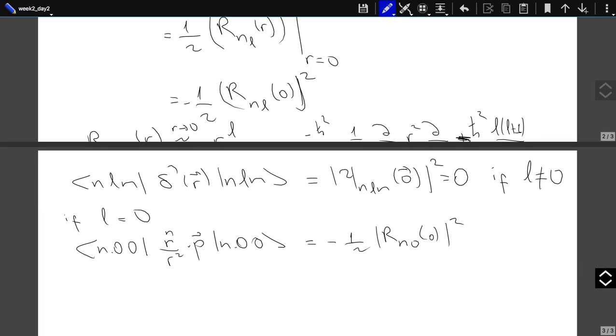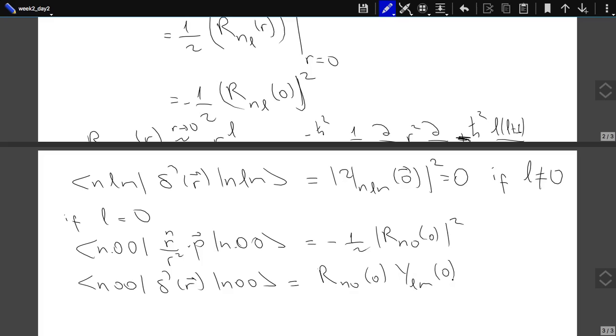Now, if we look at the Dirac delta one, n00, Dirac delta cubed R, n00, this will be equal to R n0 at 0, Y LM. Well, when R is equal to 0, you can actually take any angle. Y00 is a constant anyway, squared. This is equal to R n00 squared. So do you remember what is Y00?